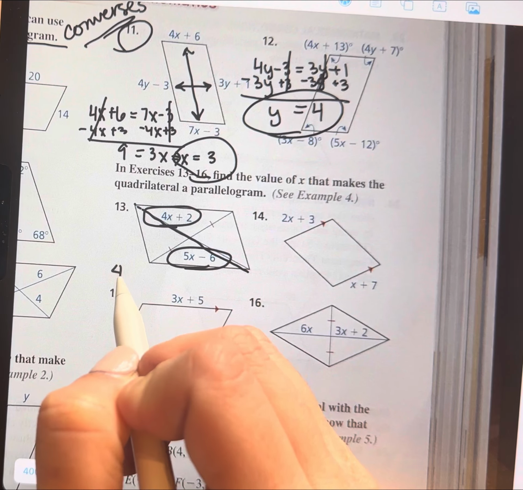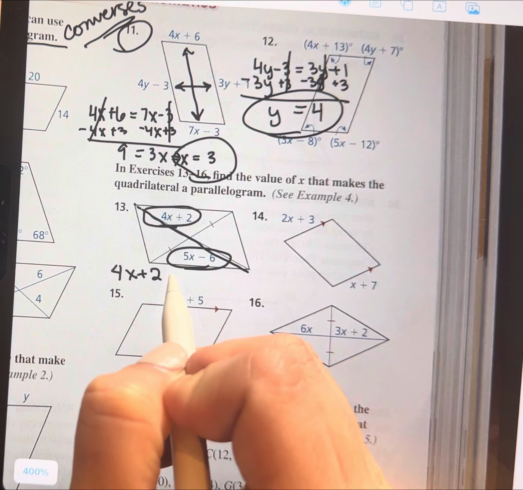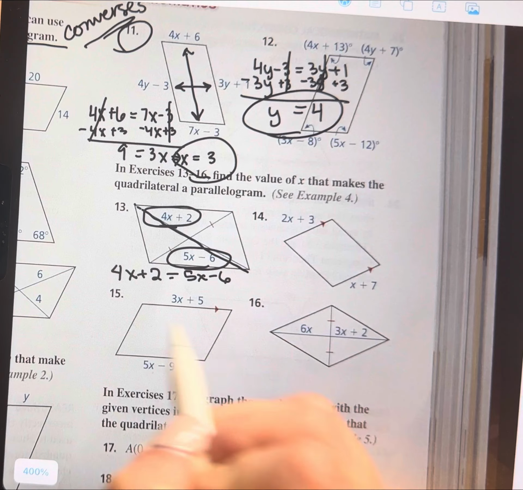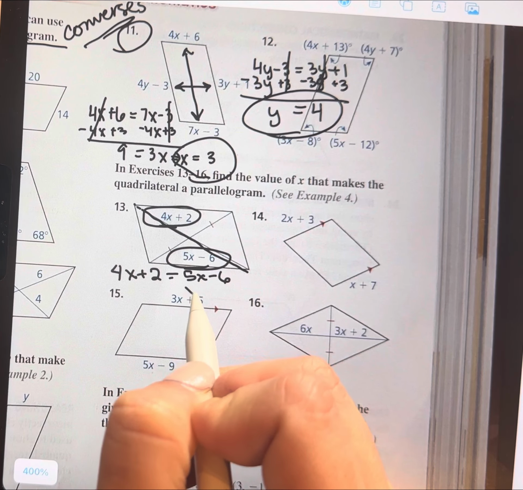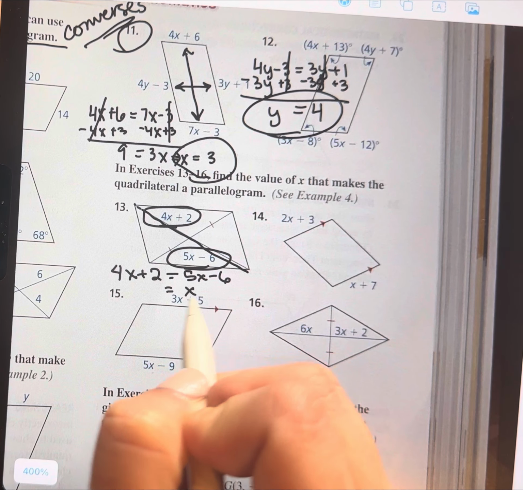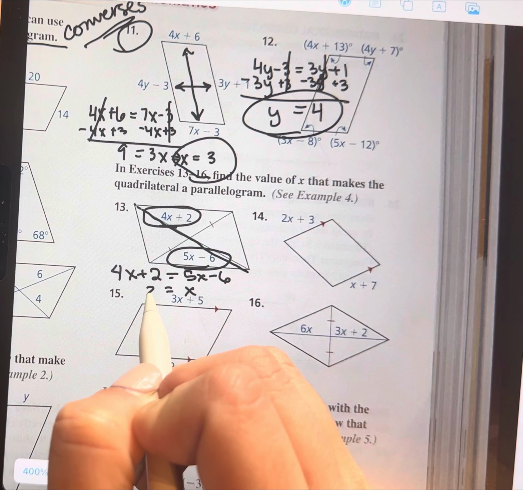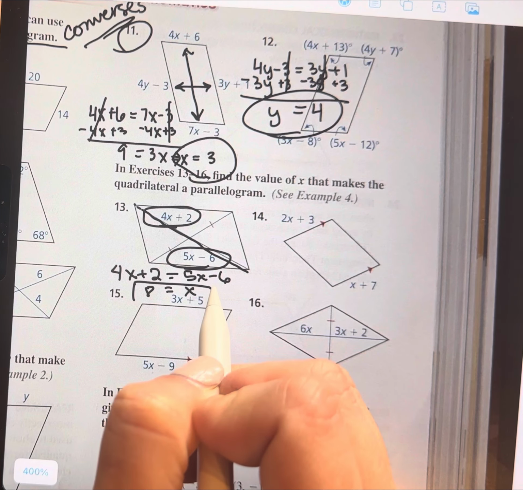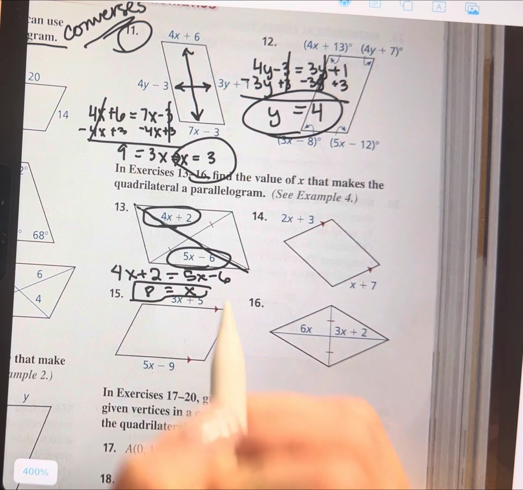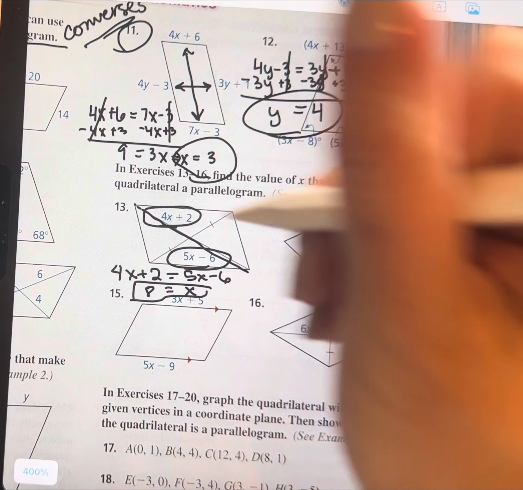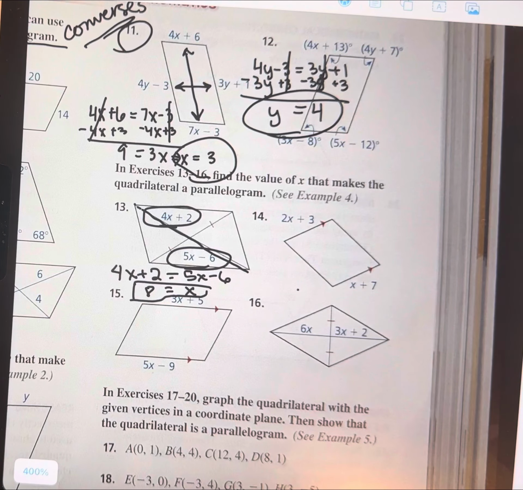Bisect means the pieces will be congruent. So subtract the 4x, I get x. Add the 6 to the 2, I get 8. So x is 8.